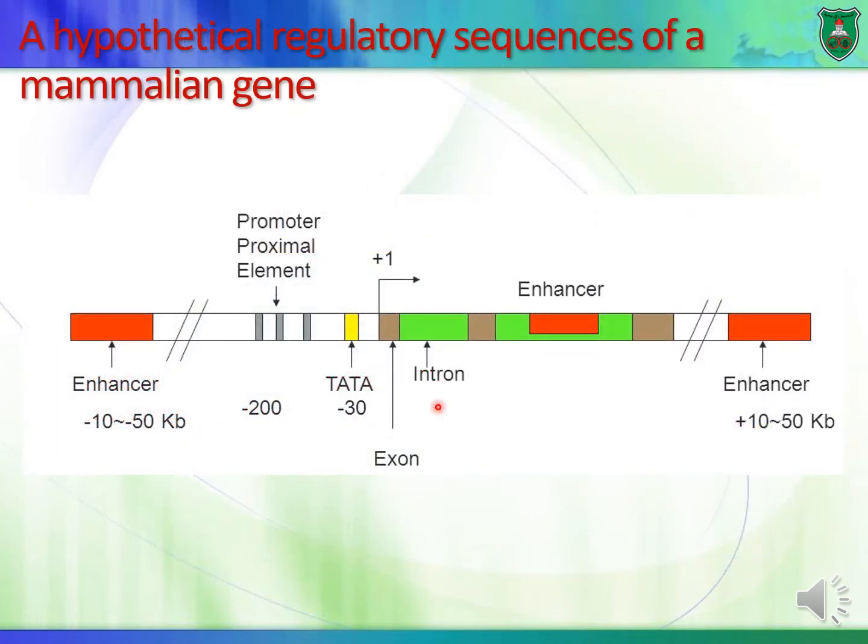So right here, that's a hypothetical regulatory sequence of a mammalian gene. That's the gene transcription start site. You have the core promoter right here. You also have a promoter-proximal element, and you have enhancers. And these enhancers can be located anywhere around the gene. They do not have to be close to that gene.